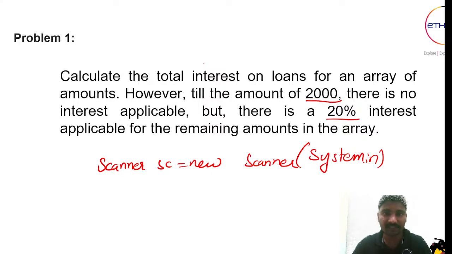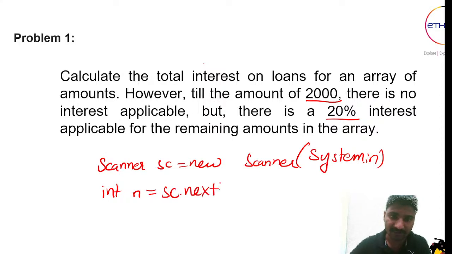Every array has a fixed size, so firstly I read an integer with sc.nextInt, which is saved in n. Then I traverse and read all the inputs into the array.